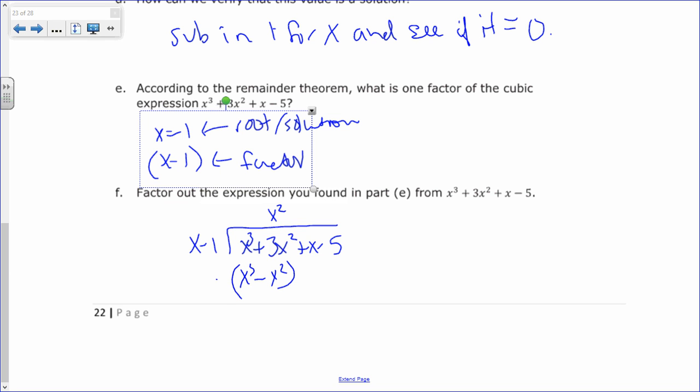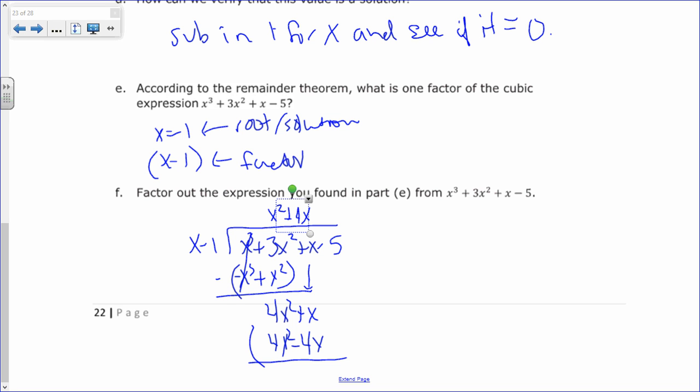Then I subtract, change all my signs, and I'd have 4x squared, bring down my plus x. x times what equals 4x squared? That would be 4x. So when I multiply out, 4x squared minus 4x, and then I subtract, change everything to its opposite, so those cancel out.